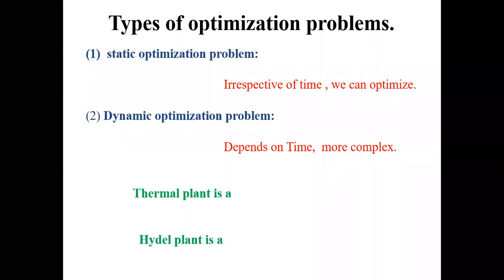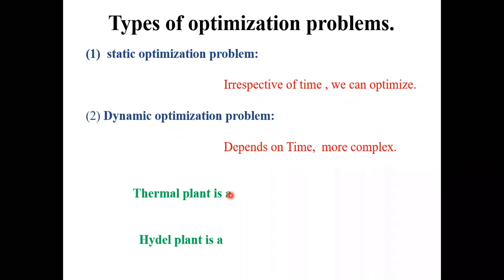Very good. So when you consider the thermal power plant, why is it a static problem? The basic source for a thermal power plant is coal. As long as the coal cost is constant, and similarly salaries and maintenance cost are constant, when you solve this optimization problem in a thermal power plant in January, or in May, or in September, or in December, the solution is the same.